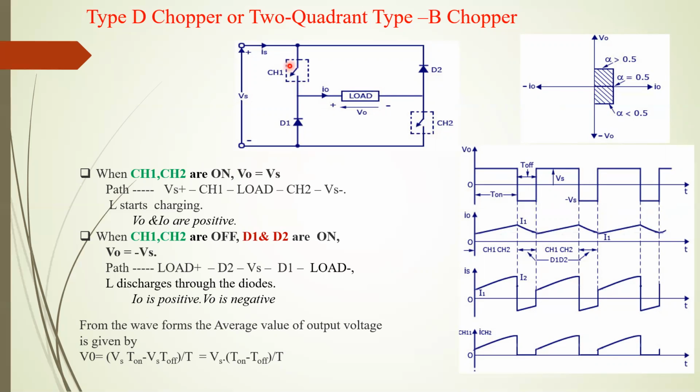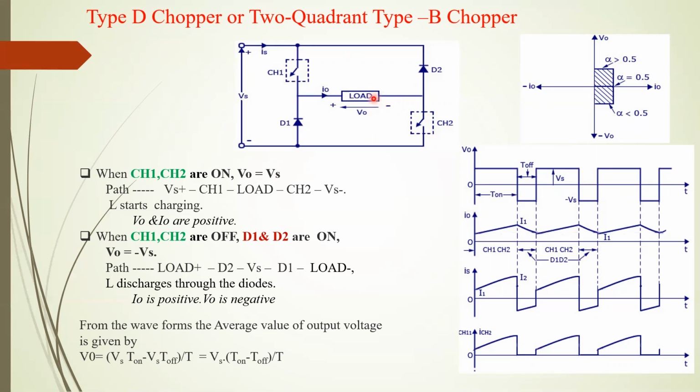Now, what happens when the choppers are off? Let us consider when the choppers are off, then the inductor which was charging is now going to discharge. The discharging path of the current is the same, but the polarities of the discharging voltage will differ. Now the terminals will be changed, plus becomes minus and minus becomes plus, and the path of the current does not change.